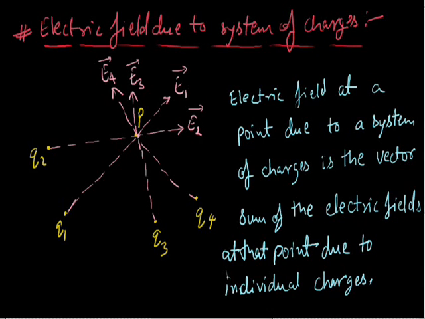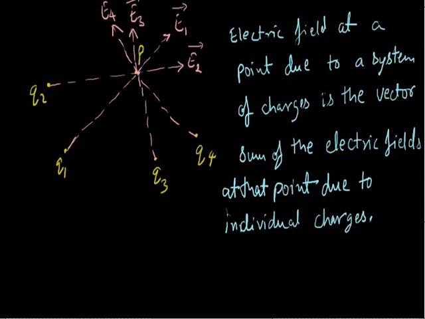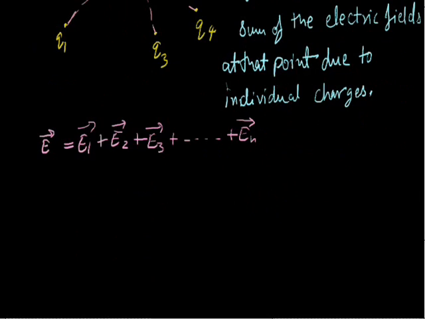So the combined or the net electric field will follow the superposition principle, and it will be given as E vector equal to E1 vector plus E2 vector plus and so on. We also can write this as a function of the distance between them or the position vector.